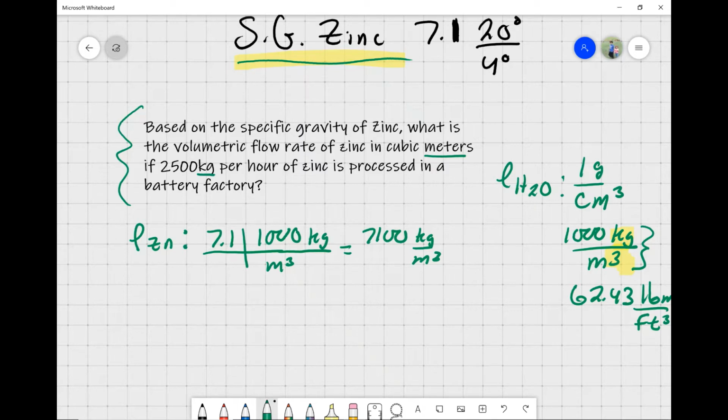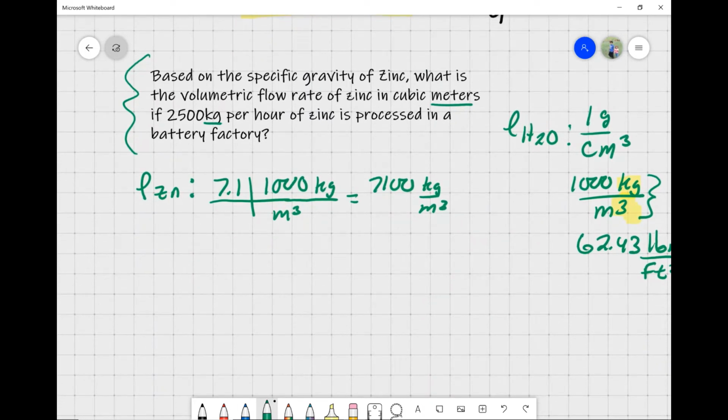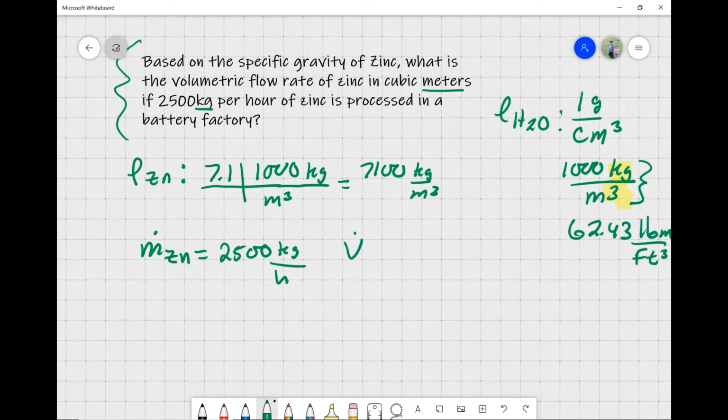So we want to know what the volumetric flow rate of zinc is. Again, it's similar to the problem we did with silver. The mass flow rate of zinc is equal to 2,500 kilograms per hour, and we want to know what the volumetric flow rate is.